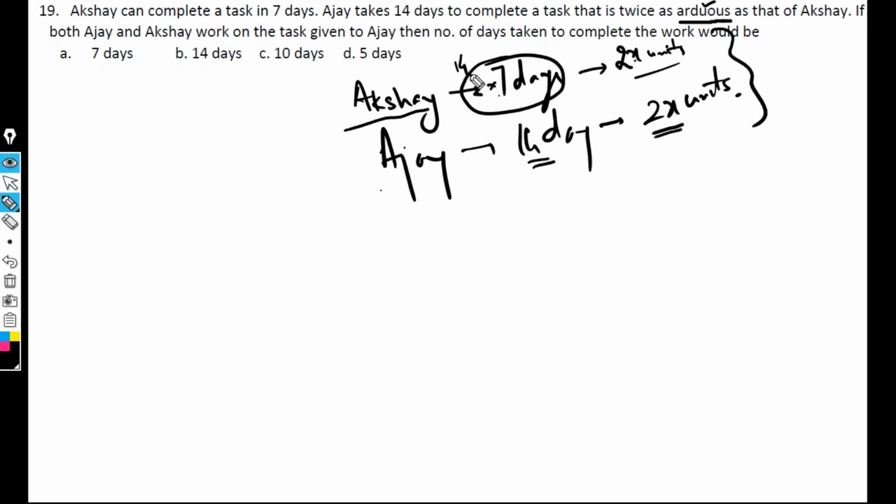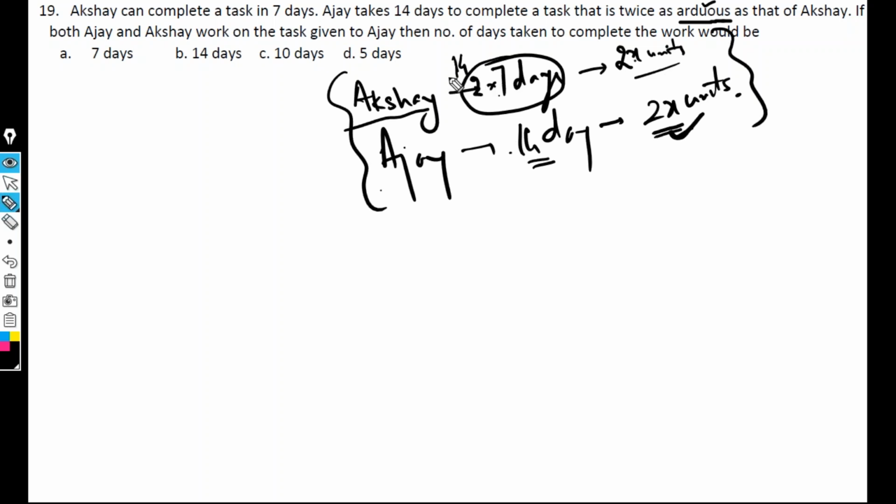The question says if both Ajay and Akshay work on the task given to Ajay, then the number of days taken to complete the work would be?